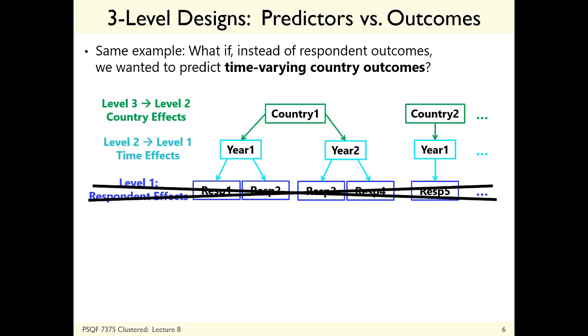The only way that you could incorporate respondent-level information as a predictor would be to aggregate responses across respondents for that year. Because if you don't have a respondent-level outcome, they are not part of the model. If it's a year-specific outcome, you have to aggregate the lower-level information up. Otherwise, there's nothing for the model to predict.